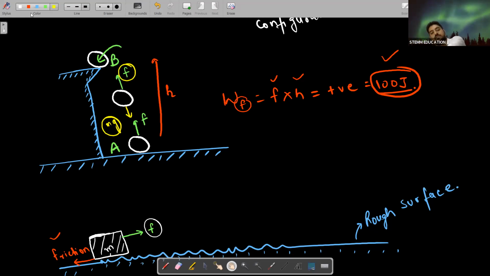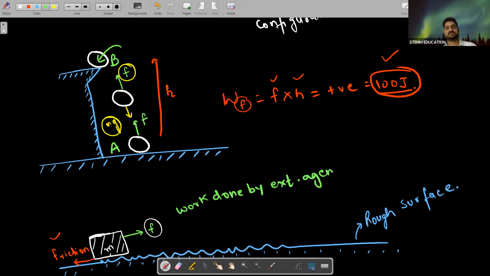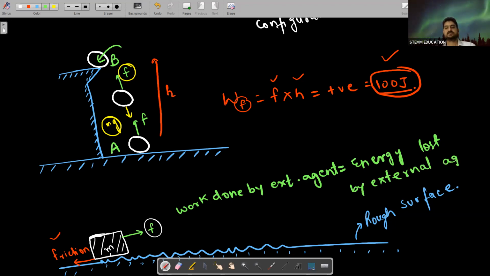So in the second case, when we are talking about friction, the work done by the external agent equals the energy lost by the external agent.